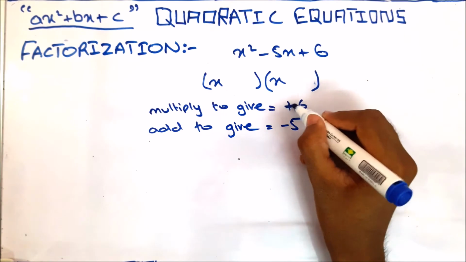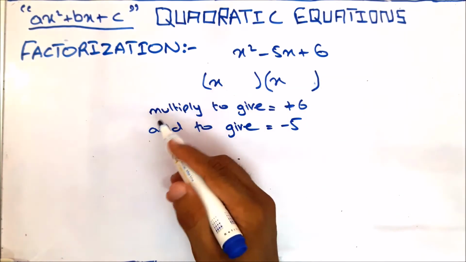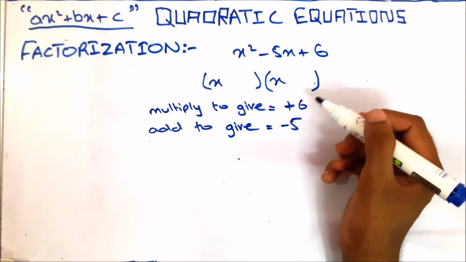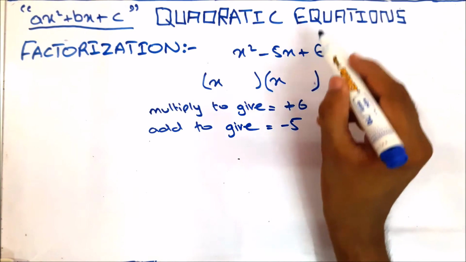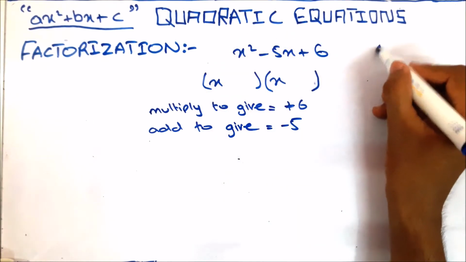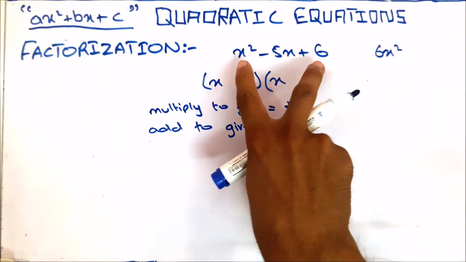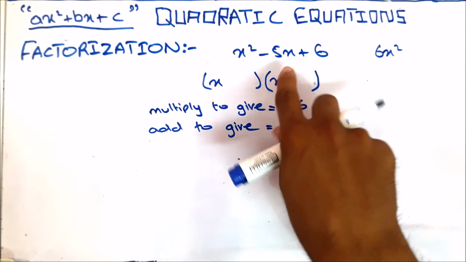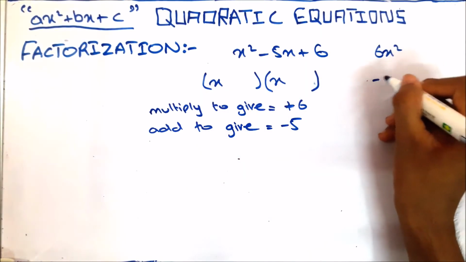Like, how do we know that we have to get some number when we multiply and get a 6? 6 is actually this 6 times this x squared. This is being 6x squared. When we multiply these numbers, we have to get this. And when we add those 2 numbers, we get minus 5x.